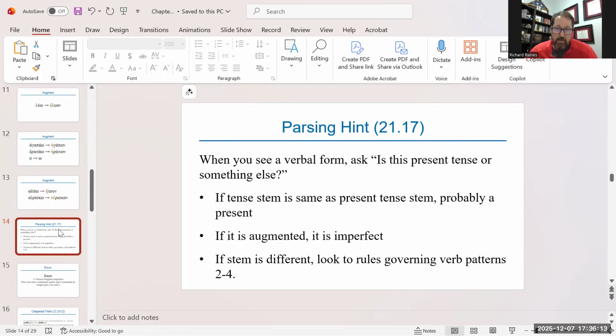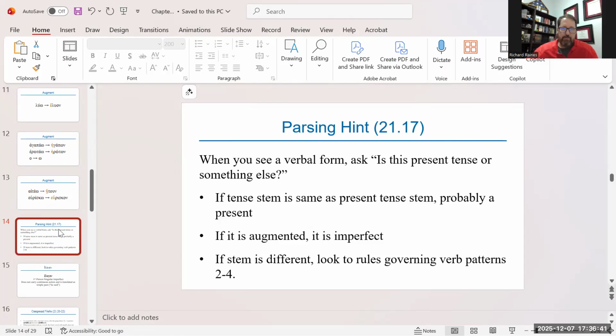So 21.17, he gives us, I think, a really good parsing hint for the imperfect, active and imperfect middle and passive, or any verb, really. So he says, when you see a verbal form, like you recognize, okay, this is a verb, and you can't automatically parse it, start doing some deductive reasoning and start doing some investigating, asking yourself some questions.